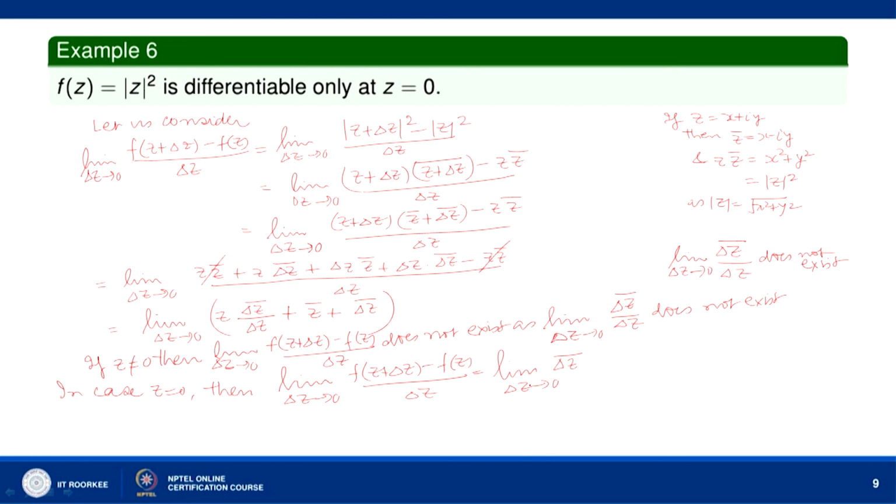Okay. So, when delta z goes to 0, delta z conjugate also goes to 0, so we have the limit 0, and so the function f(z) equal to mod z square is differentiable only at 0 and nowhere else. So, it is not analytic at any point.